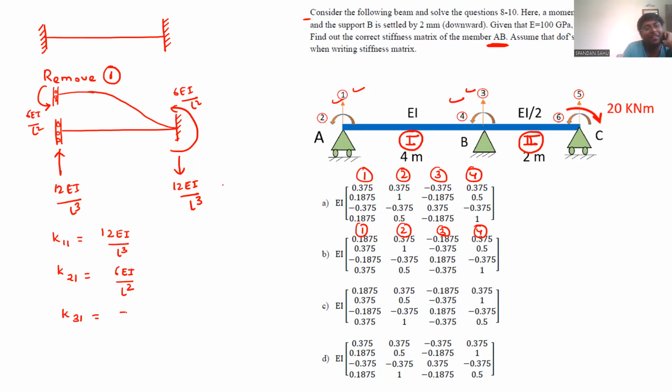The sign is given, anti-clockwise, so plus only. K31 minus, K41 plus 6 EI upon L square. Check if you are getting this or not.